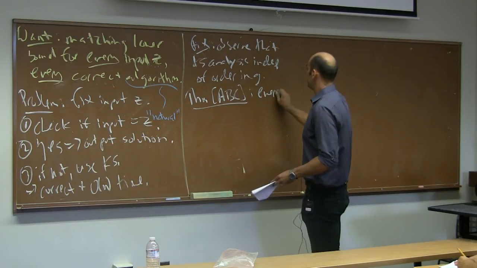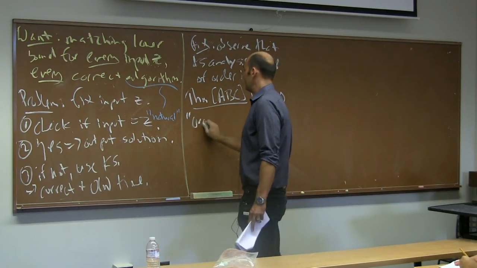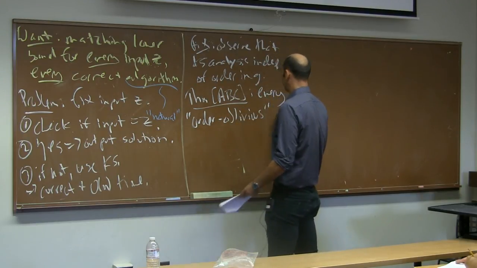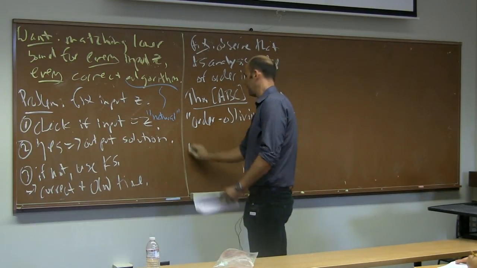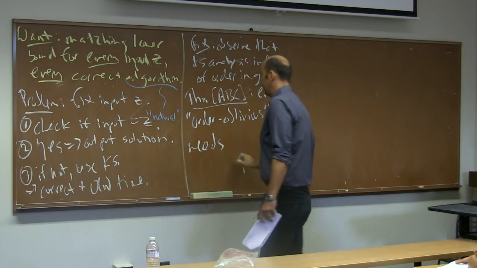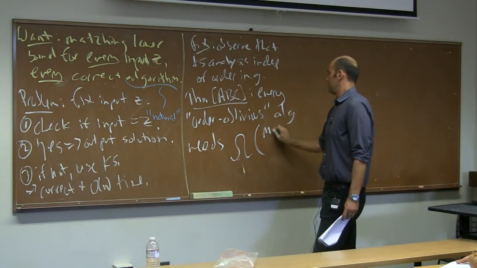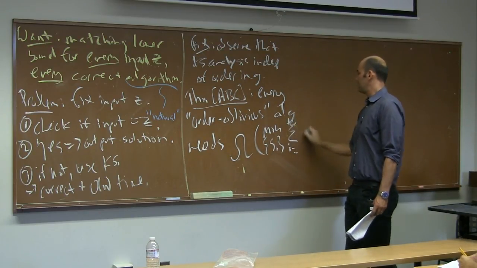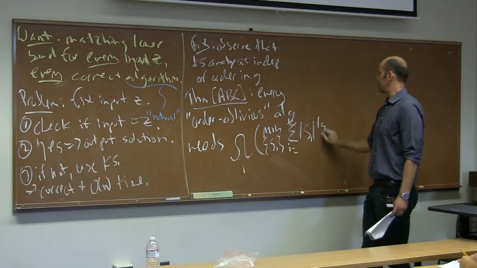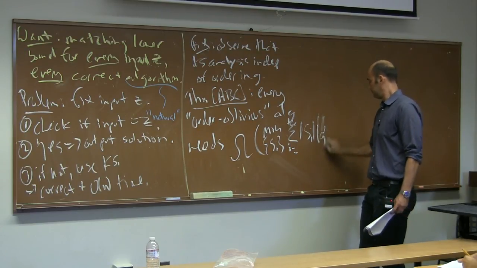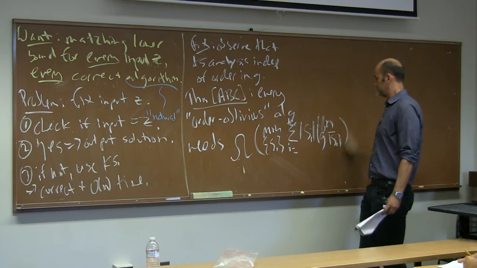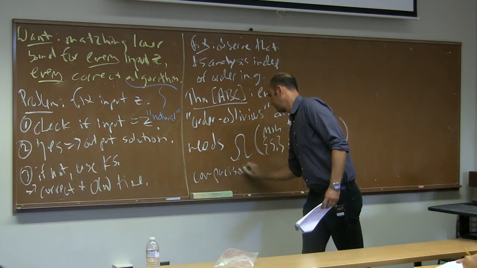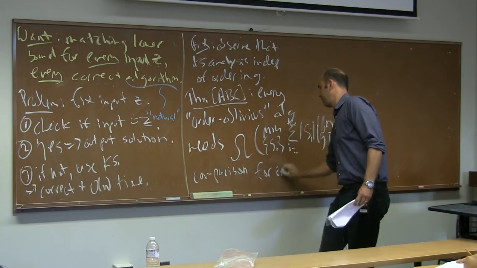Basically what it says is that every natural algorithm, in the sense of an order oblivious algorithm, needs at least that entropy type expression of the best legal partition comparisons for every input.